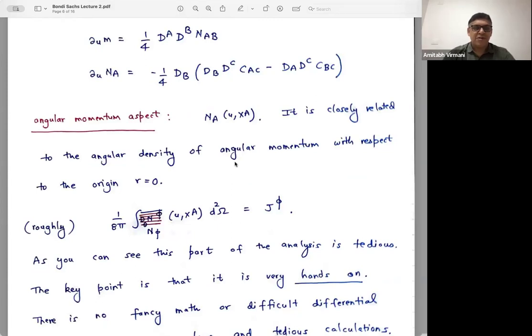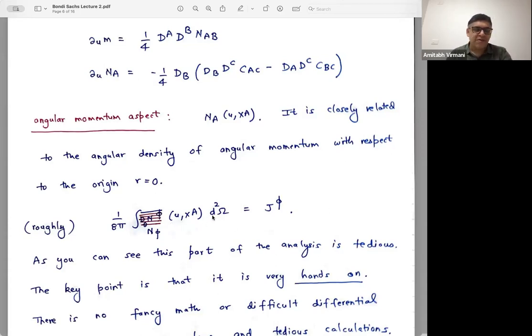Now there is a lot of discussion about what is the meaning of angular momentum, and there are many papers on this. This is not the place to go into those details. This is a pedagogical lecture. So let me just say that roughly speaking, if you do the integral of N lower component phi over the angles, then you will get the total angular momentum of the spacetime. For the experts, this is not the correct formula.